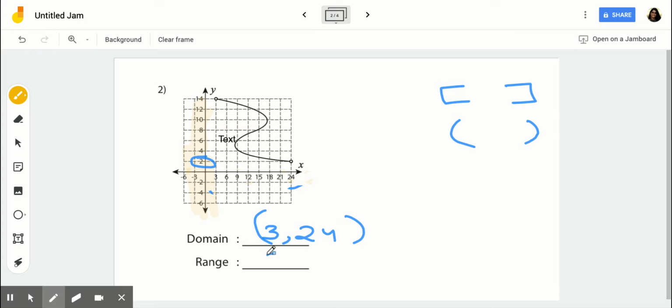And that looks like it is at a +2. I keep going up, up, and it looks like the last one that's hit by the graph is 14. Now, how do I know whether these are included or not included? Not included because the dot isn't colored in. Not included because the dot isn't colored in.